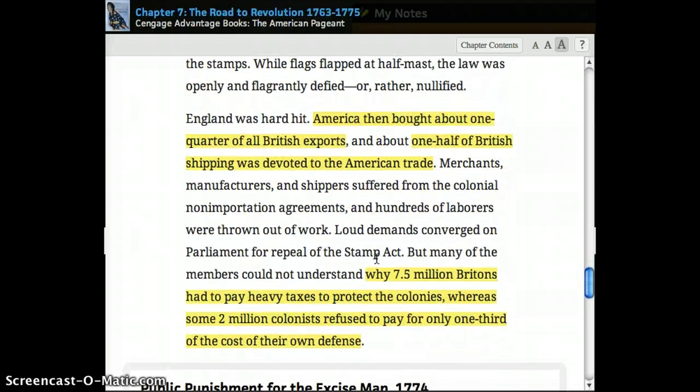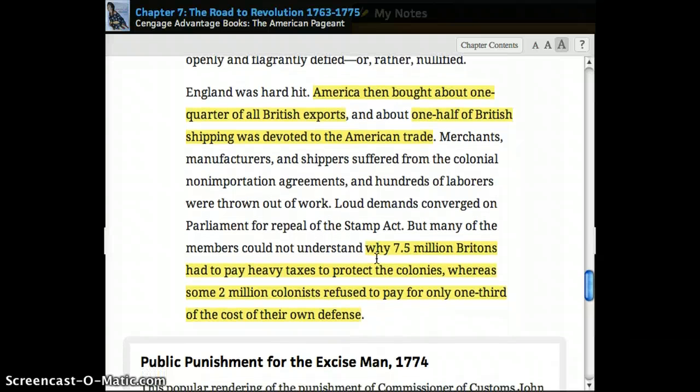All of these things were relatively new during this period. So that's important.